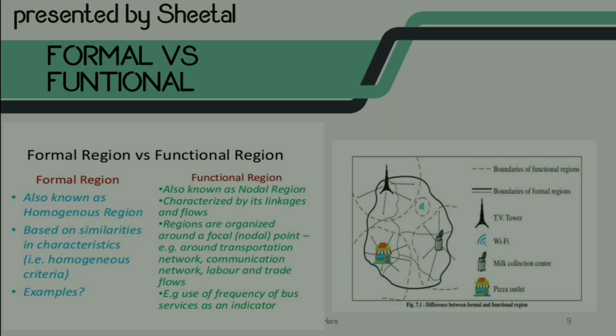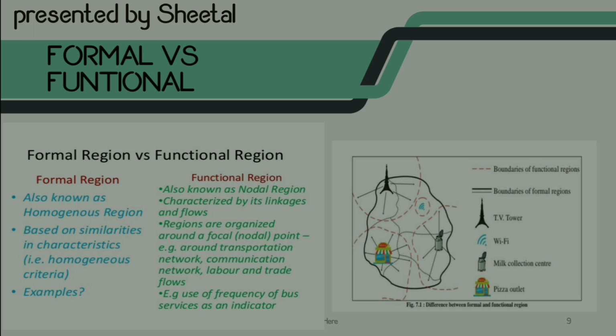Now let us see the difference between them. The formal region is also known as the homogeneous region, whereas the functional region is also known as the nodal region, characterized by its linkages and flows.